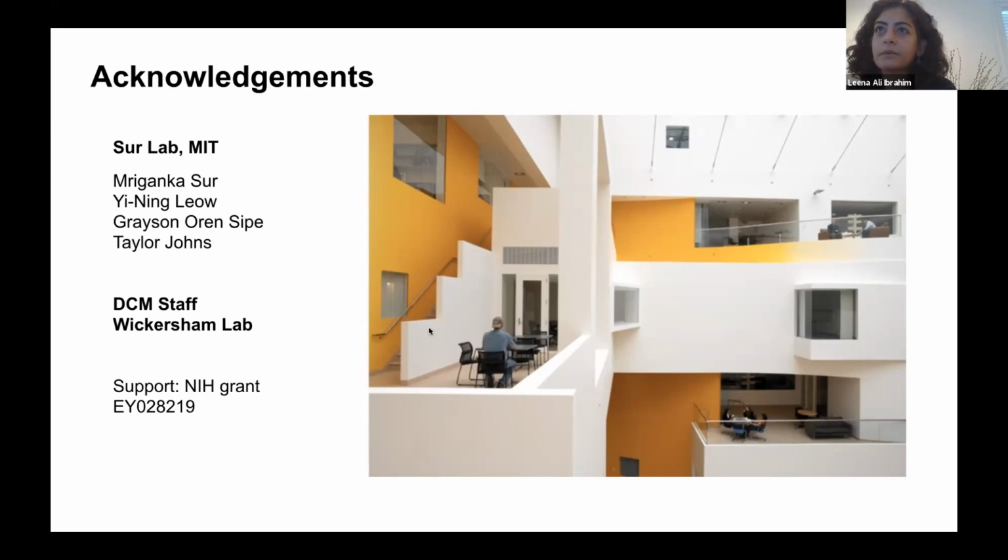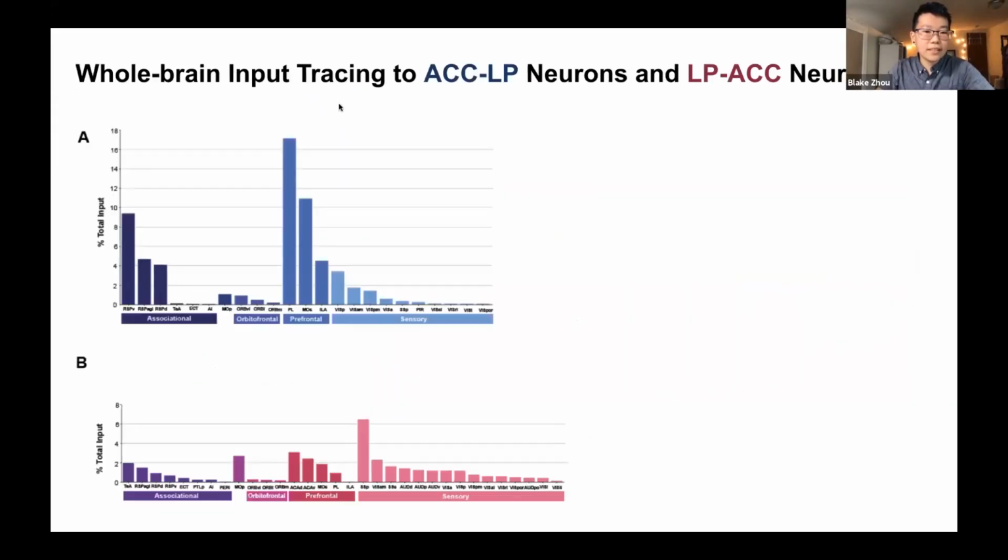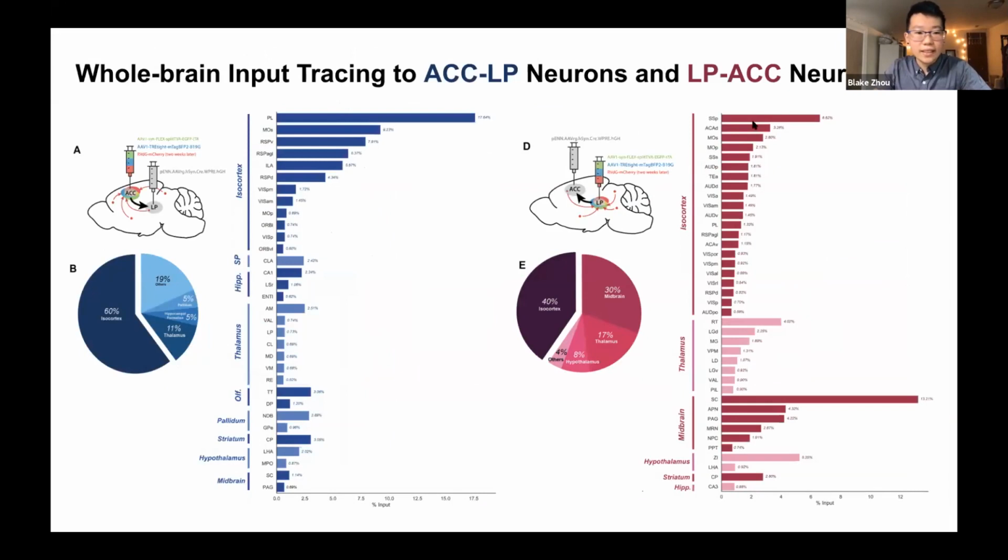What proportion of LP neurons are the ones that project to ACC? What percentage of ACC neurons are the ones that project to LP? So we can actually go back and look at LP and ACC in this data. So here we have LP to ACC to LP. Is this kind of what you're getting at? The proportion of inputs that you see?